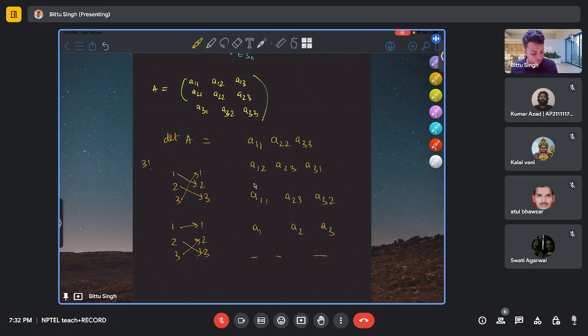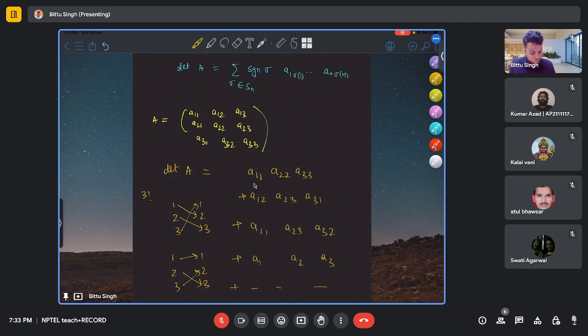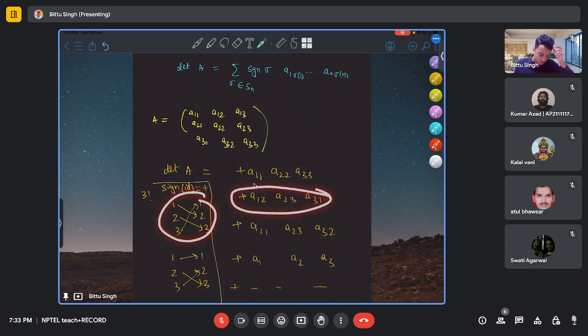And you need to take sum over all those permutations, and you need to consider the sign also. Sign of the permutation. So sign of the identity permutation is plus 1. And here 1 goes to 2, 2 goes to 3, 3 goes to 1.